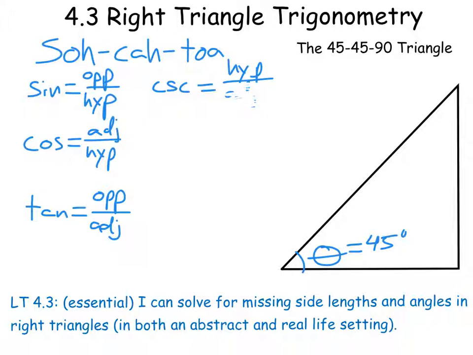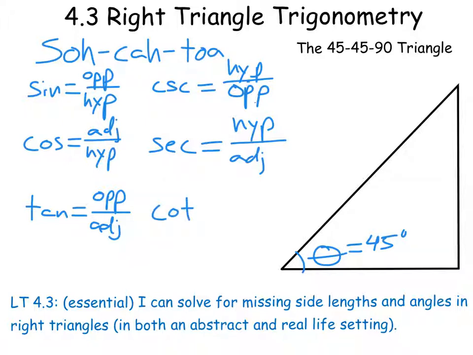It should be hypotenuse over opposite. And here's secant, which would be hypotenuse over adjacent. And of course cotangent, adjacent over opposite.